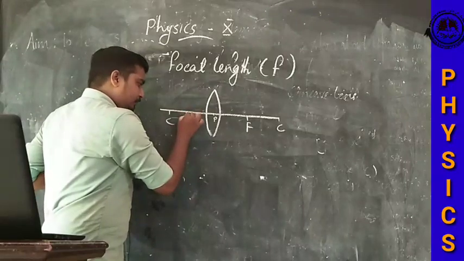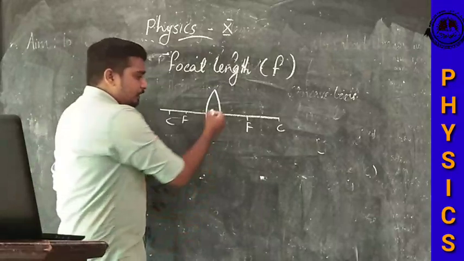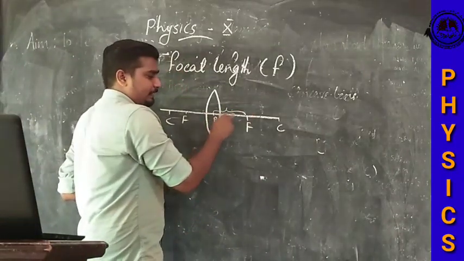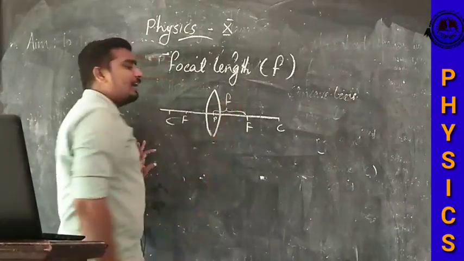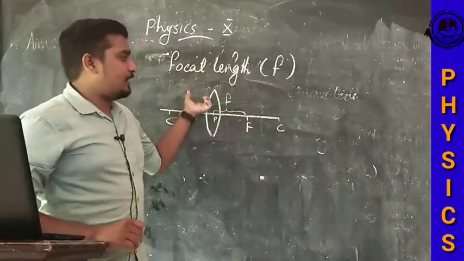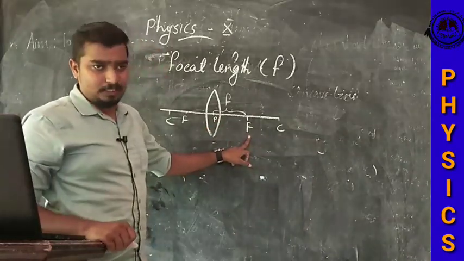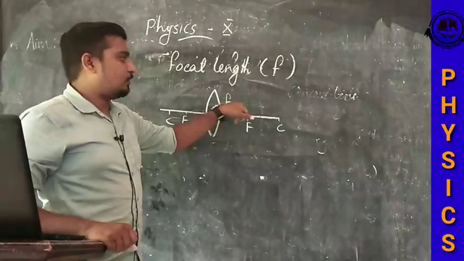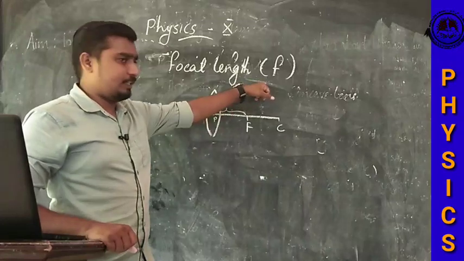Here also f is here. Clear? The distance between the optic center and the principal focus is called the focal length. That is represented as small letter f.